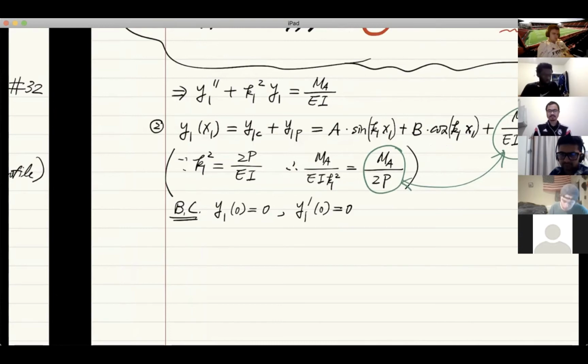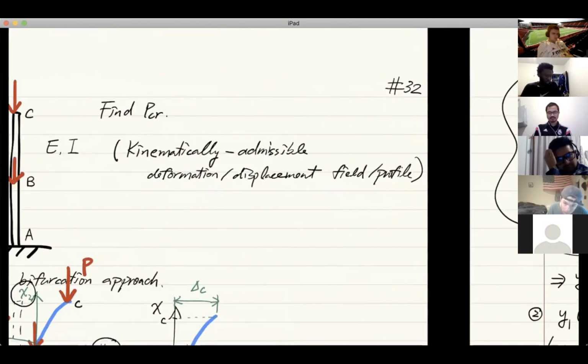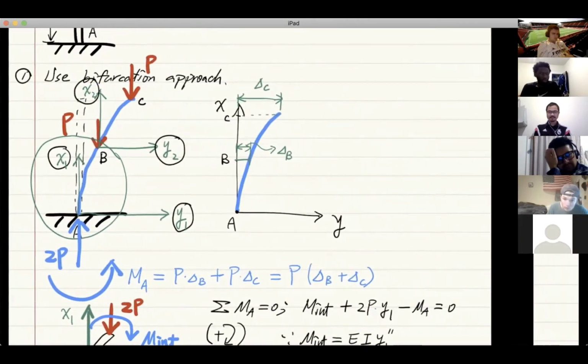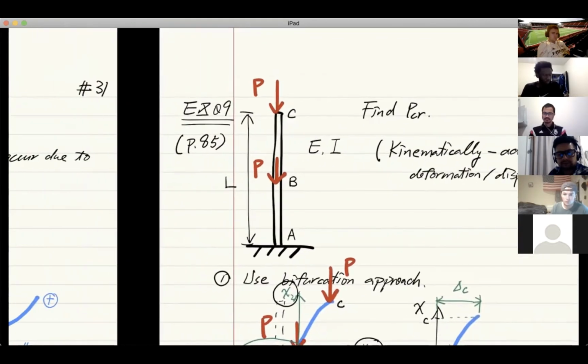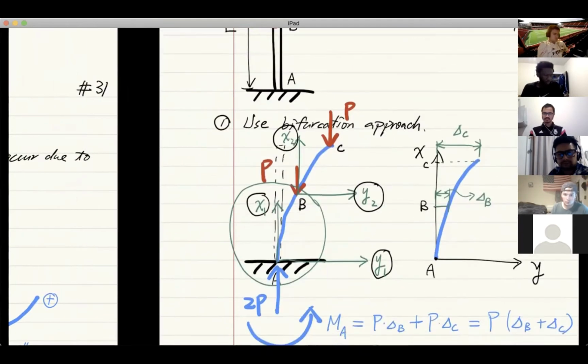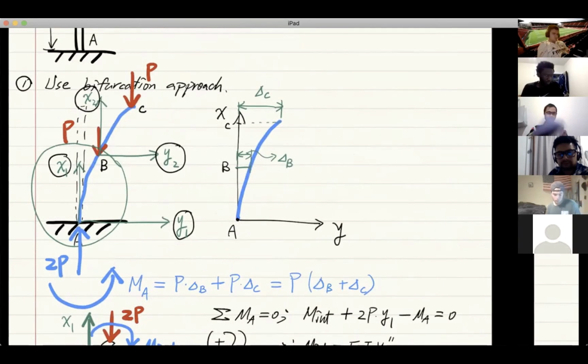From this definition, which is this profile, you know that x1 is from A to B, and x2 is from B to C. So when x1 equals half of the total span, which is L over 2, y1 is actually delta B. Would you agree?